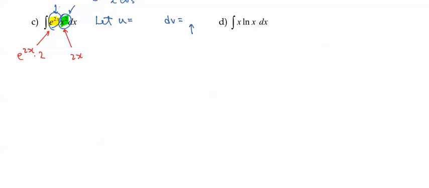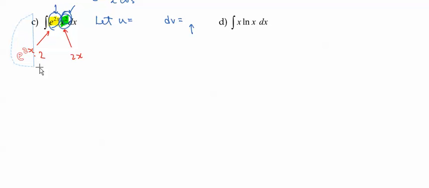Would it be a problem with e to the 2x? Can you integrate this and have it stay pretty much similar? Yeah, integrating e to the 2x will still give us e to the 2x, possibly with a constant in front of it, but it will still be better than having a higher degree for your square.